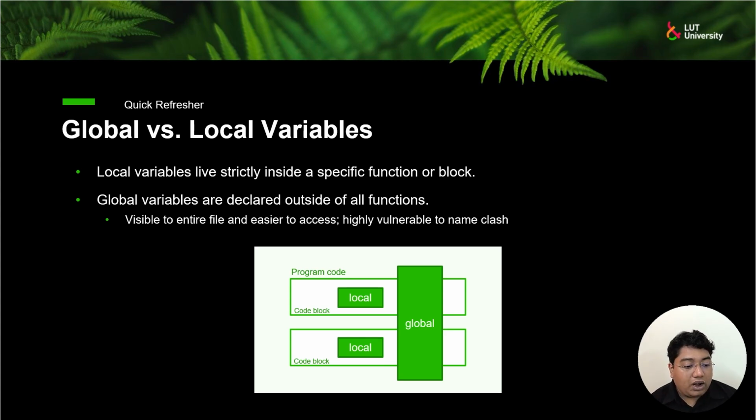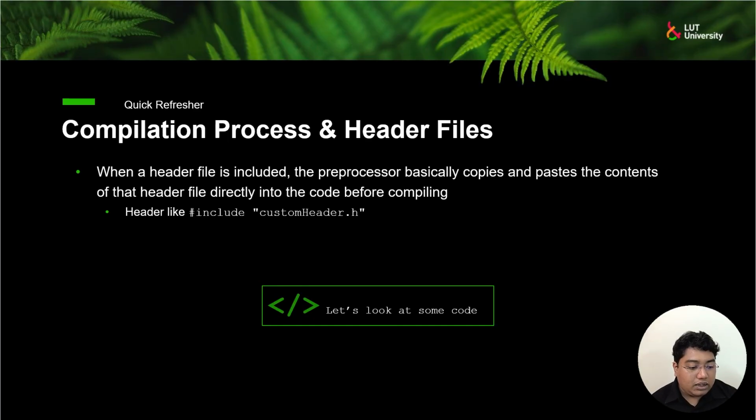The more global variables you have, the easier it is for two of them to accidentally get the same name. And when that happens, you've got a clash. So keep this picture in your head: one big shared space where names can collide.